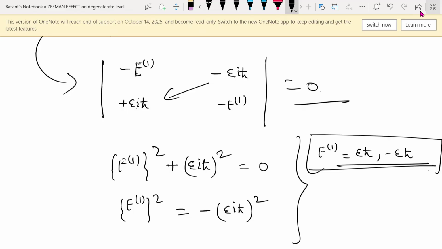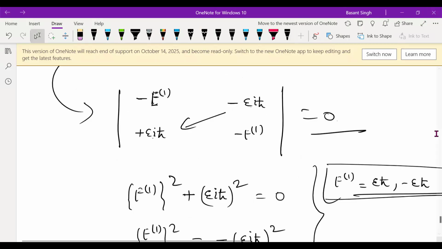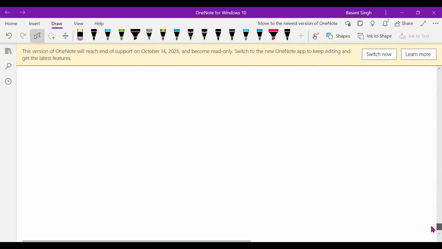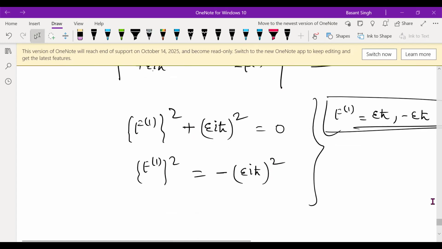So the energy eigenvalue of these functions taken into account, that is the degenerate states of the isotropic harmonic oscillator under a magnetic field, gives the first order energy correction.